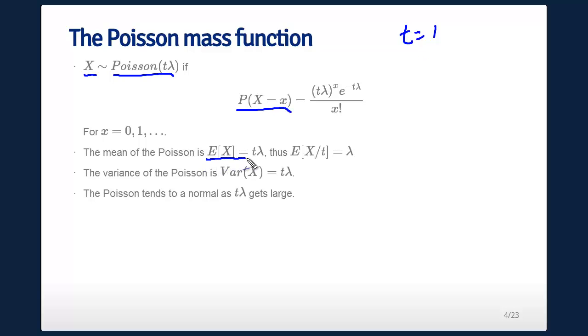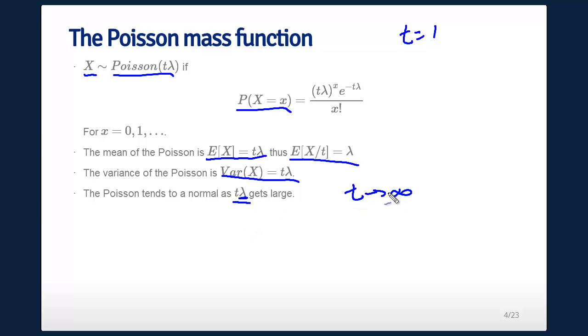The mean of the Poisson random variable is expected value of X equal to t lambda. So of course that means the expected value of X over t is lambda. And then the variance is equal to the mean. That's an interesting fact about the Poisson. And then the Poisson tends to a normal as t lambda gets large, which means if you fix lambda, as t gets large.